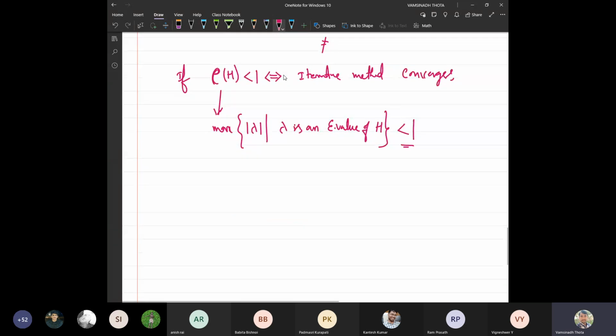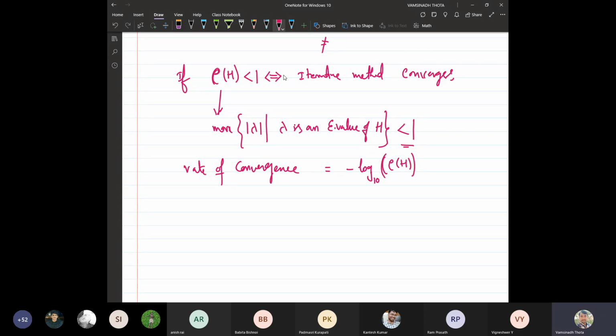In fact, the rate of convergence we can say here also for any method. If it converges, then the rate of convergence is defined as minus log of the spectral radius of the iteration matrix to the base 10.